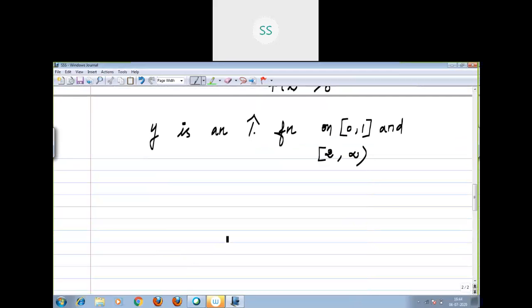What is your y dash? You see, y dash equal to 4x into x minus 2 into x minus 1. In the exam, you have to end up to this. For your understanding purpose, I am doing this. When you assign x is equal to 0, what can you get?